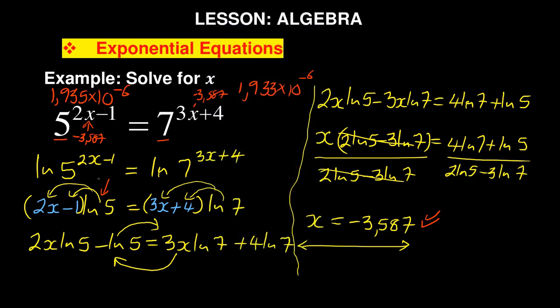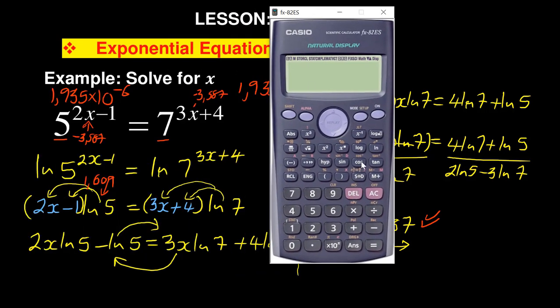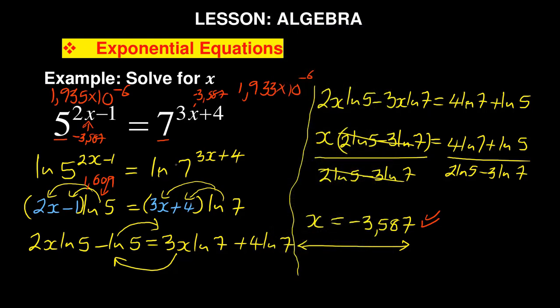So they will change already here to have 1,609, and they find ln 7, which will give them 1,9459, which is 1,946 here.